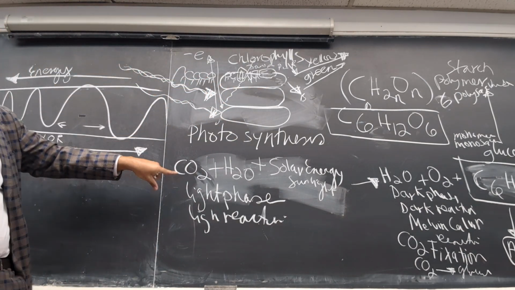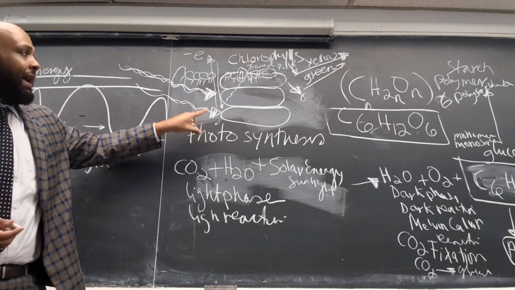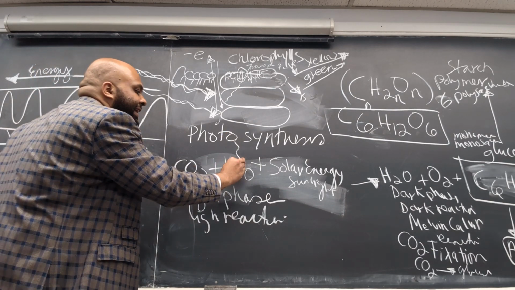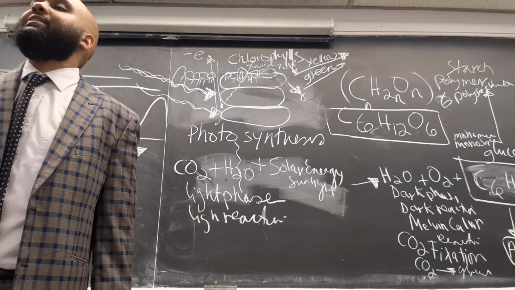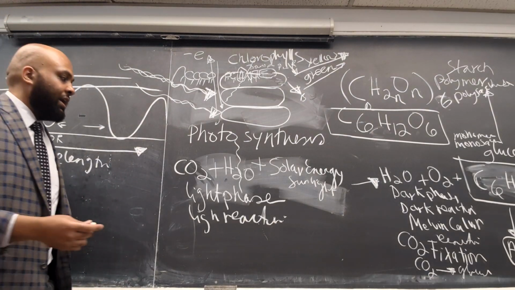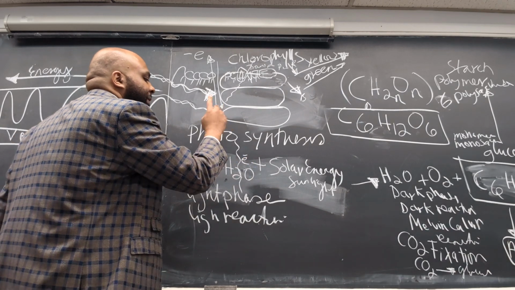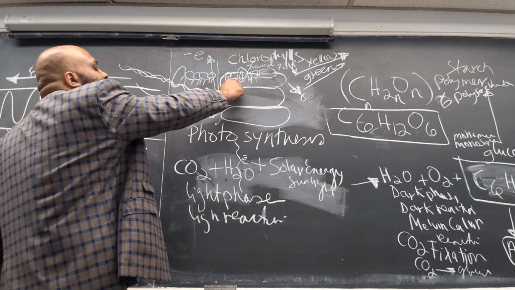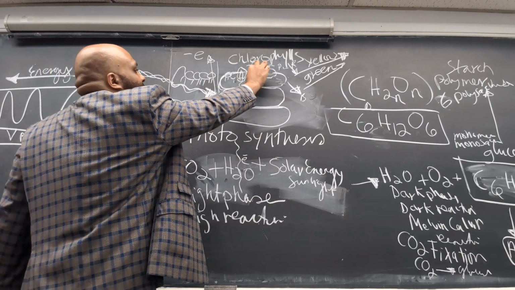The chlorophyll would take carbon dioxide and water, and this solar energy is going to help the chlorophyll cleave and break down the water. It's going to break down and oxidize the water, and the water has one oxygen, so the electrons are going to start jumping up and down. This is happening here in the photosystem on our thylakoid.